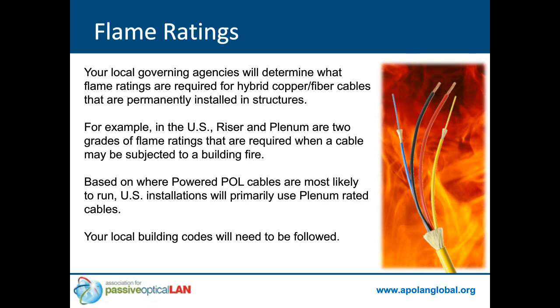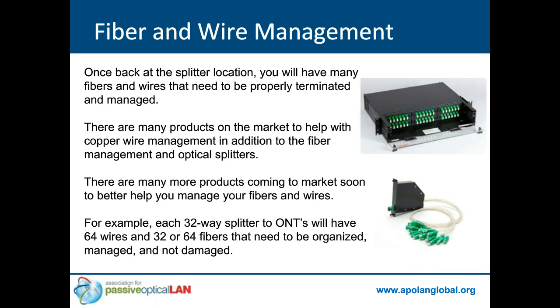Another design attribute that you need to take into account is fiber and wire management, specifically back at the splitter location. At the splitter location, you're going to have many fibers and many copper wires that are going to need to be properly terminated and managed.